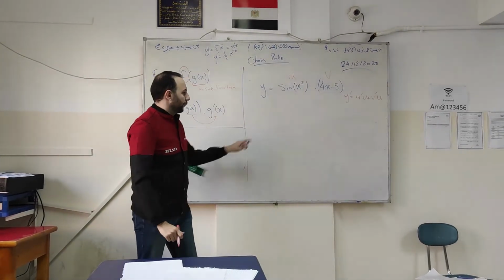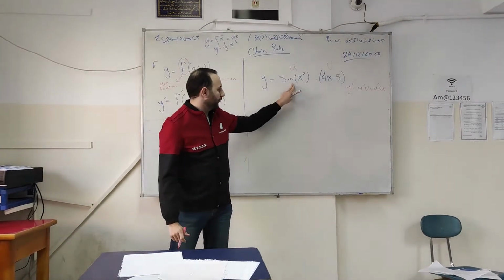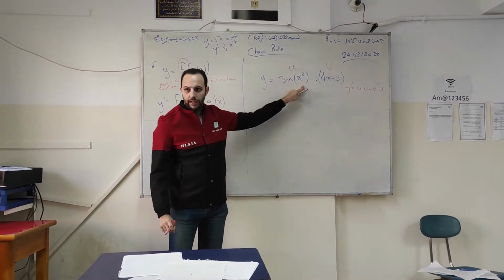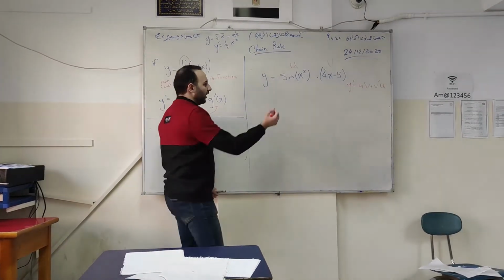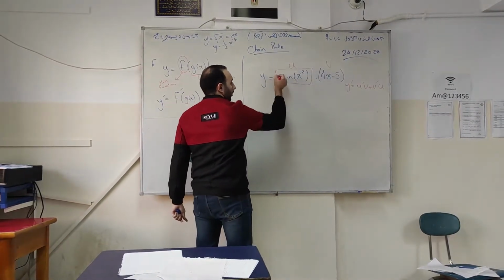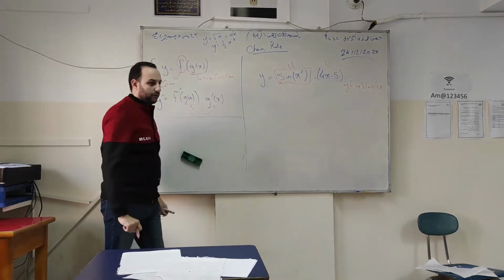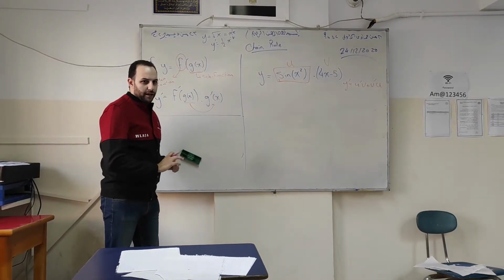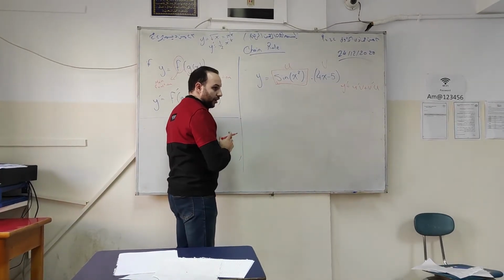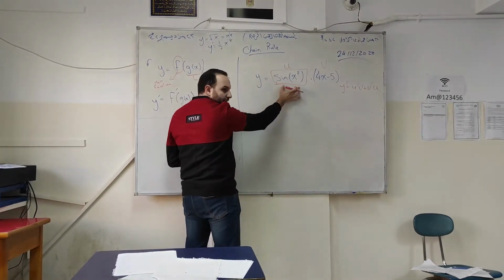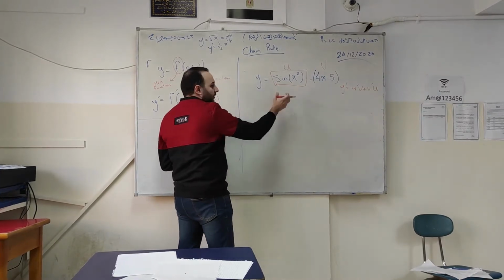Okay. Where is u dash here? I will differentiate this function. While I'm doing the u dash, I will face a chain rule again. Now, the main rule that I'm going to use is the product rule. But when you are differentiating this function, you are going to face a chain rule.